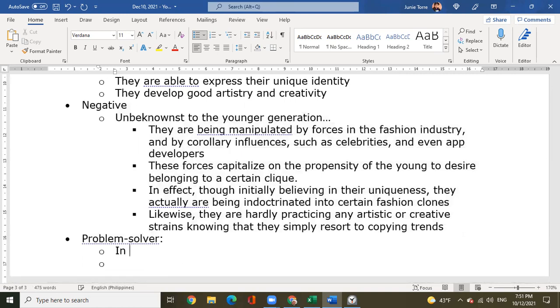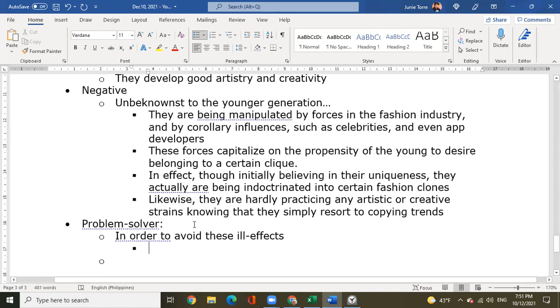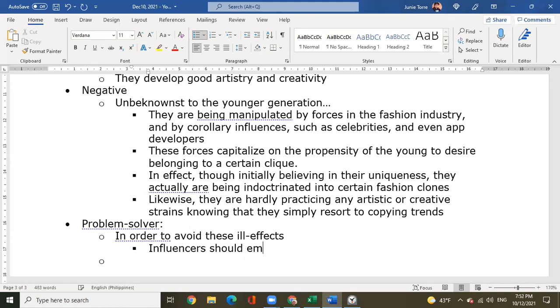No? So, in order to avoid these ill effects, then what do we recommend? Influencers should empower their followers. Never dictate. All right. And then what else?